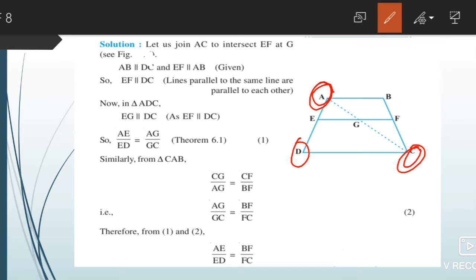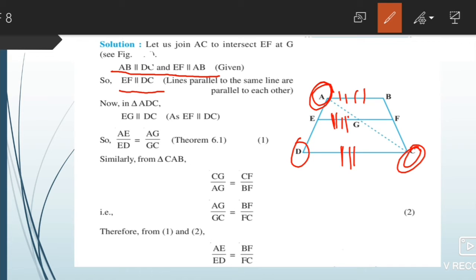In the given condition, it is given that EF is parallel to AB, right? Again AB is parallel to DC, that means EF is parallel to DC, right? AB is parallel to DC, EF is parallel to AB, that means EF is parallel to DC.